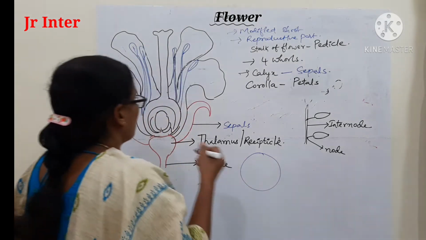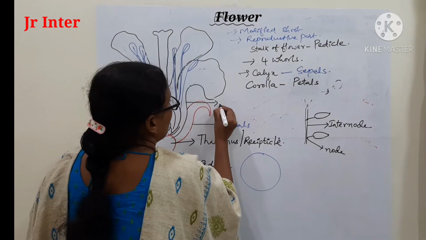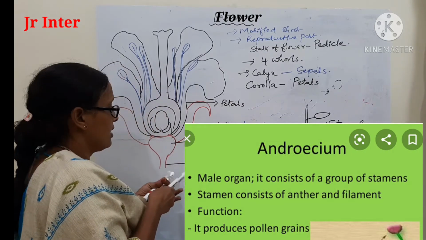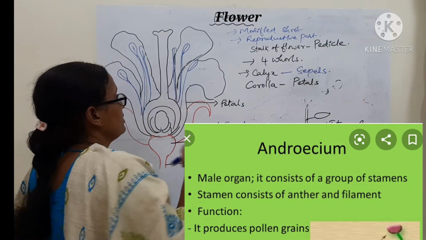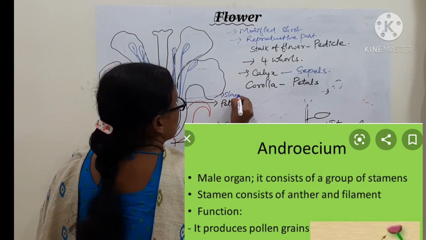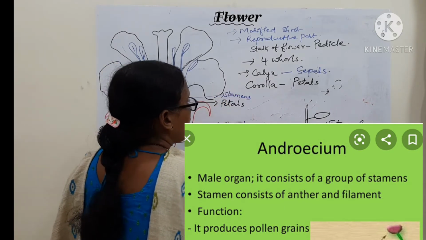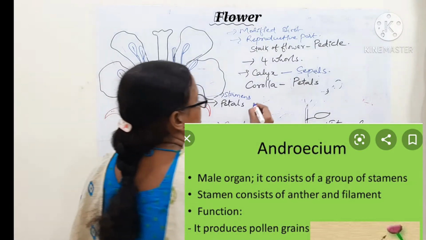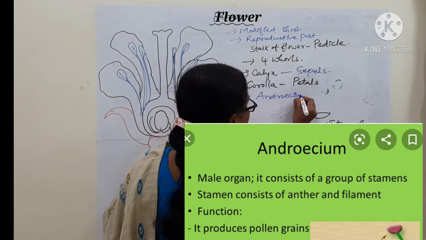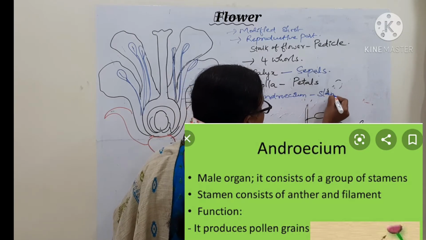The next whorl, after the colorful petals, has the stamens. The whorl where the stamens are present is called the androecium.